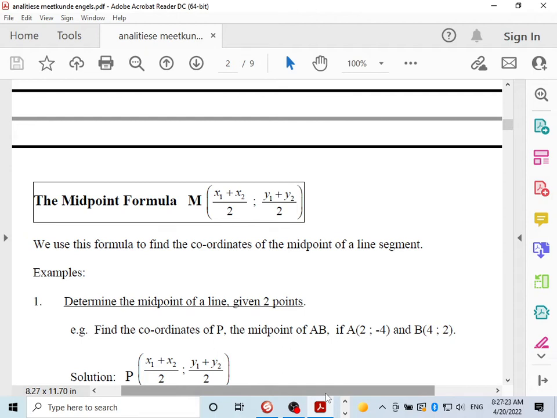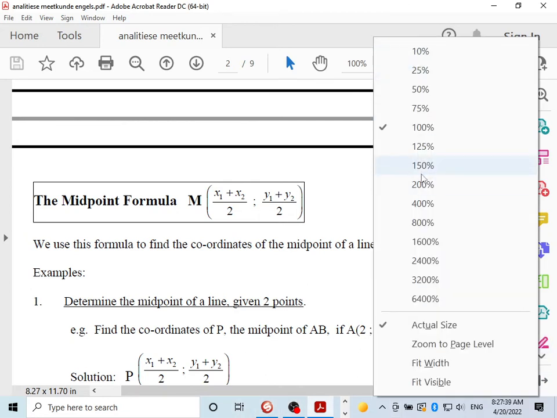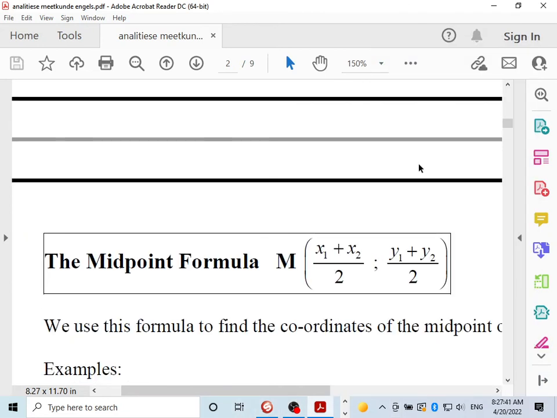Okay, I want you to make a star next to this formula. This one is very important. I want you to take note. Must I zoom? Are you struggling to see? x plus x divided by 2 and y plus y divided by 2.